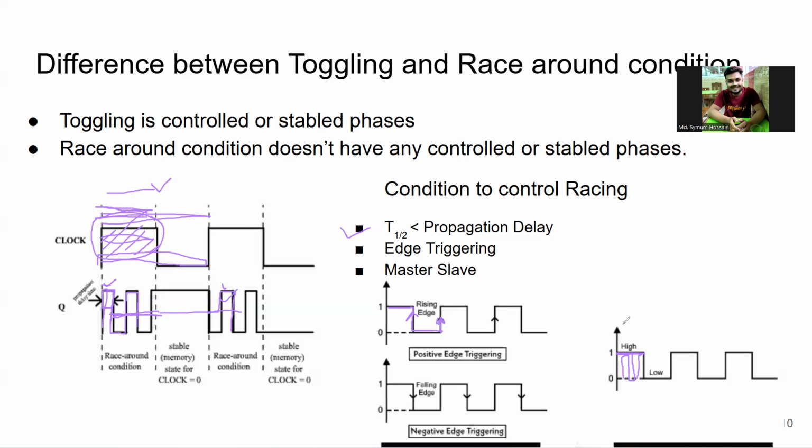So instead of using level triggering, we can use edge triggering, where there are two types, rising edge and falling edge. You can minimize or control the racing, because only when the rising edge is found, only at that time the toggle will occur.